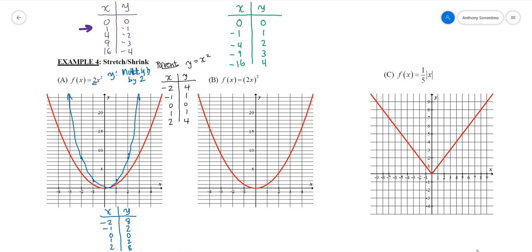Whereas this next one, I'm still starting with the same parent function. This is telling me that it's occurring inside a parenthesis, so it's a horizontal transformation. So it's going to affect the x's only. And this is showing a multiplication of 2. This tells me that my x's are going to be divided by 2.